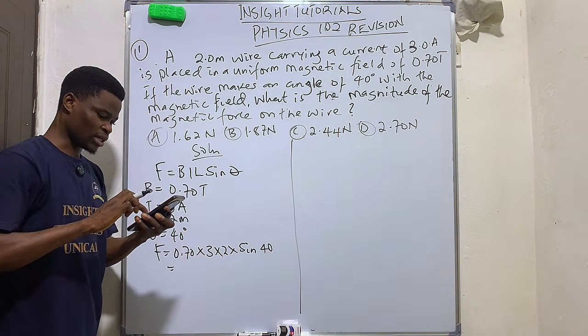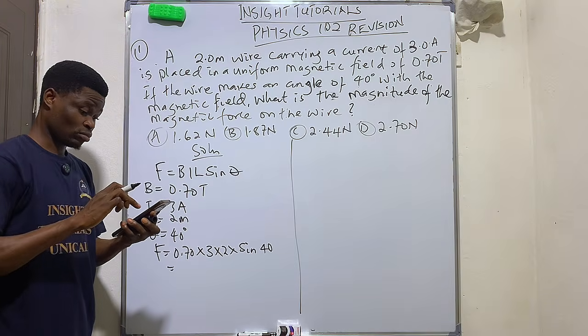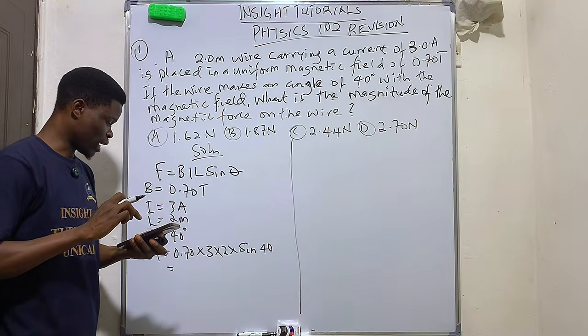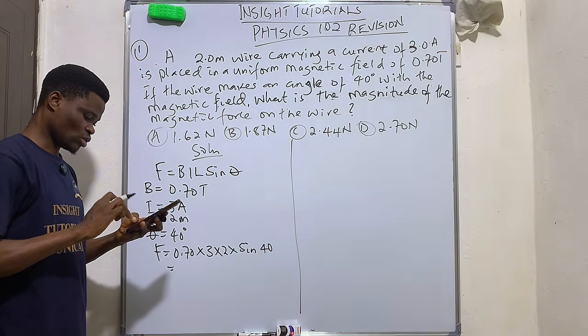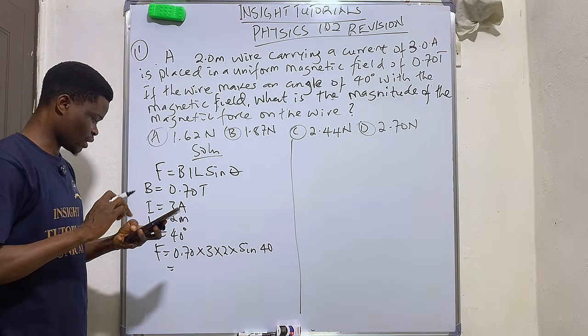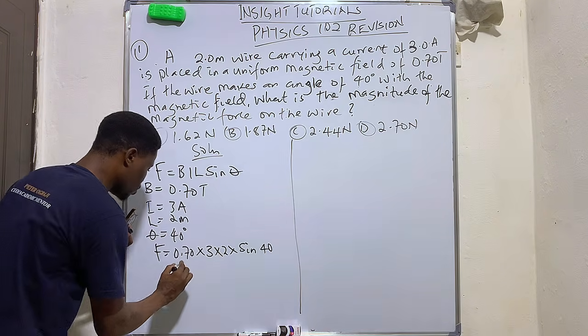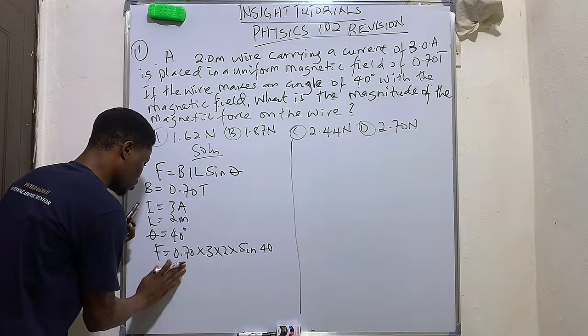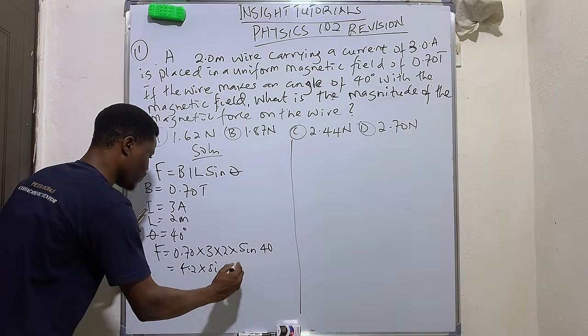So I'm going to work it out on my calculator. We have 0.70 times 3 times 2, this is 4.2, times sine 40.